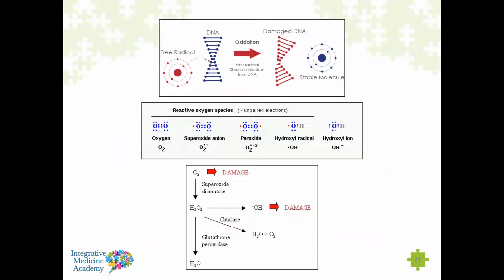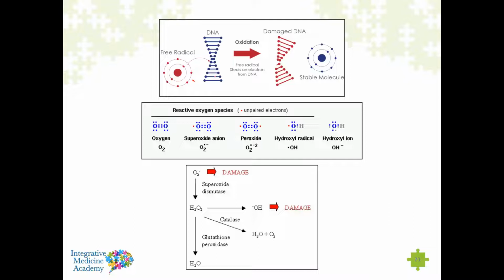If we think about what a free radical is, whether it's a reactive oxygen species or some other element, the basic idea of an element on the periodic table, for example, is that it wants a full outer shell, called the valence shell. So if we took oxygen, for example, oxygen has 6 electrons in its valence shell, and it wants 2 more electrons to be stable.